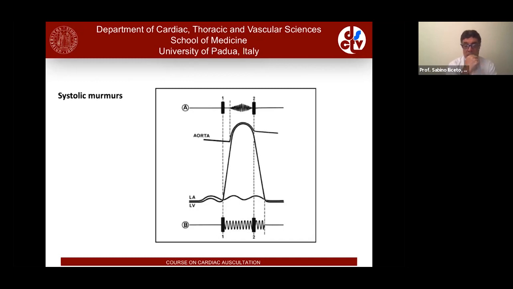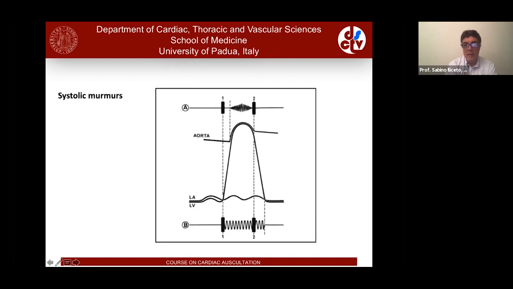So let's spend together a few seconds to understand the pathophysiological basis of auscultation findings. A is aortic stenosis, B is mitral regurgitation. LA is pressure in the left atrium, LV is pressure in the left ventricle, aorta is the pressure in the aorta.